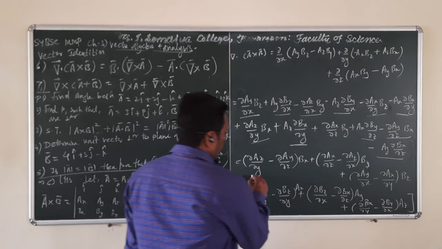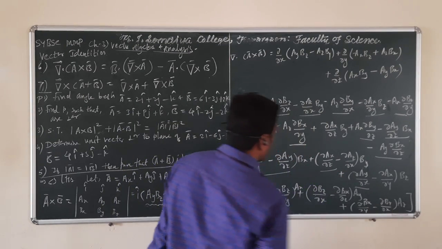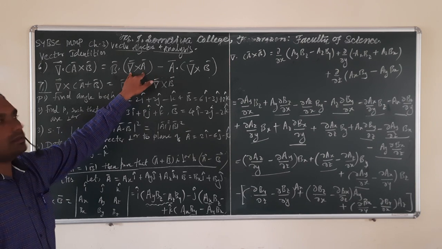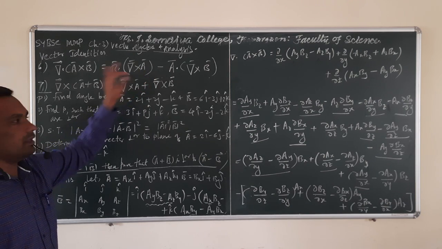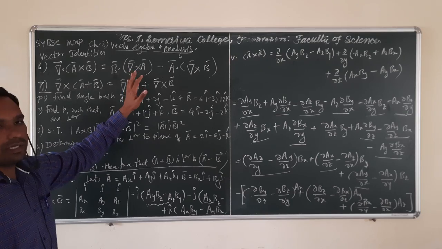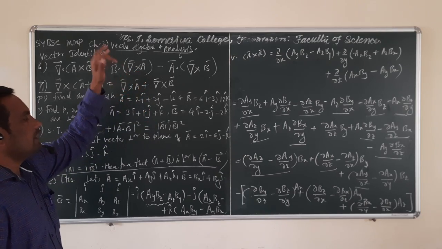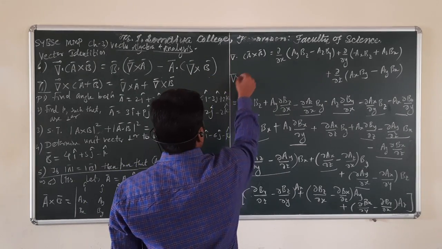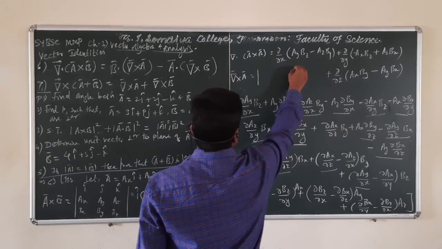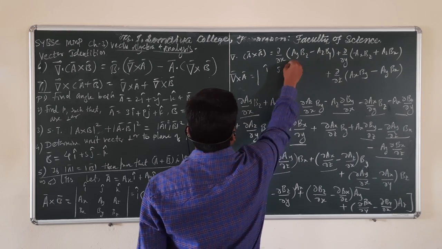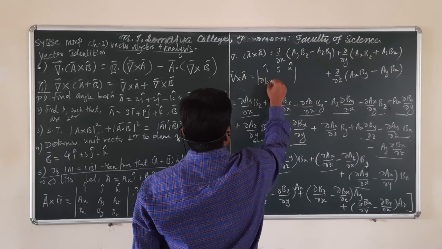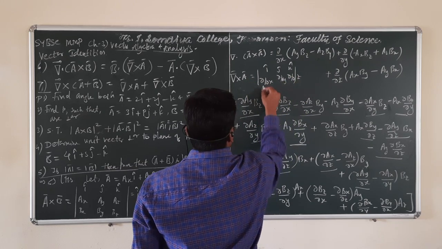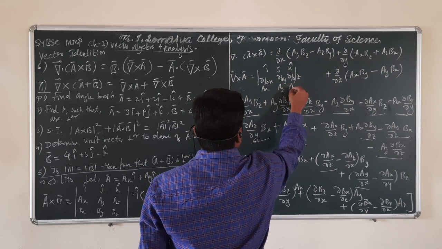Now, along with this, if you find del cross A, you know how to find it. You have to take the determinant of i cap, j cap, k cap. So the curl of vector A is like this: i cap, j cap, k cap, del coefficients del by del x, del by del y, del by del z, and the coefficients ax, ay, and az.